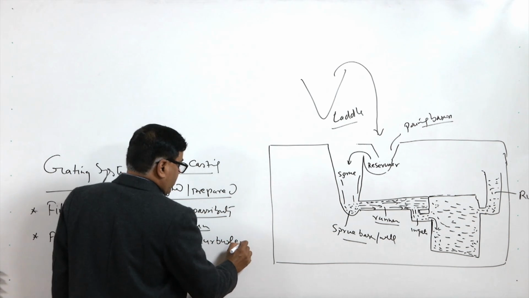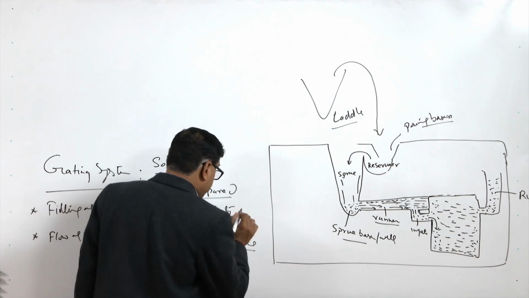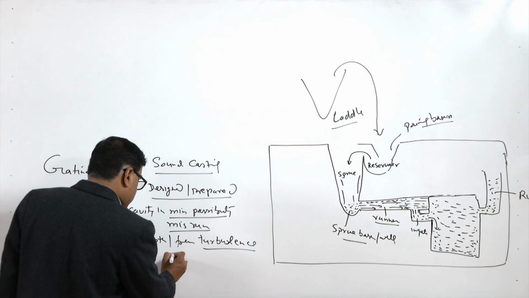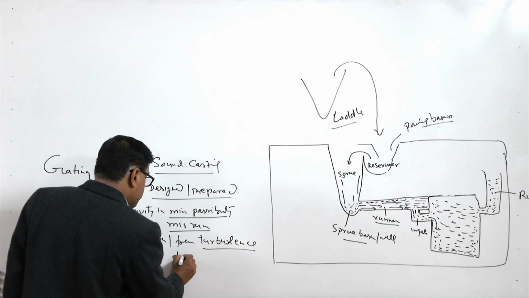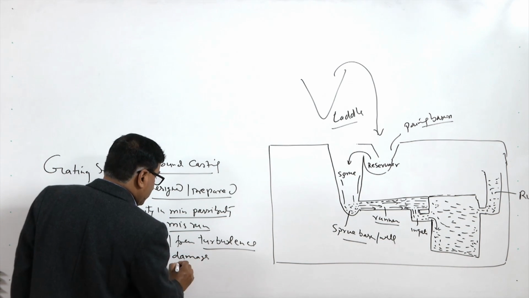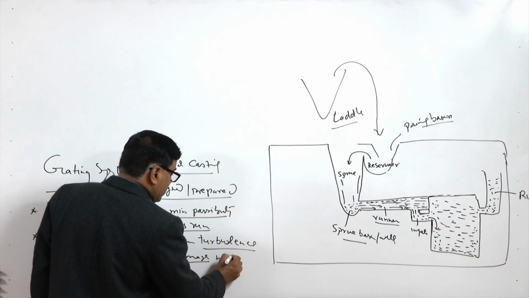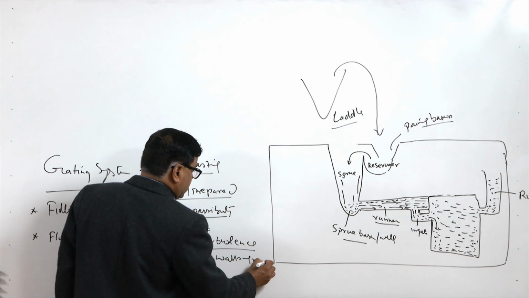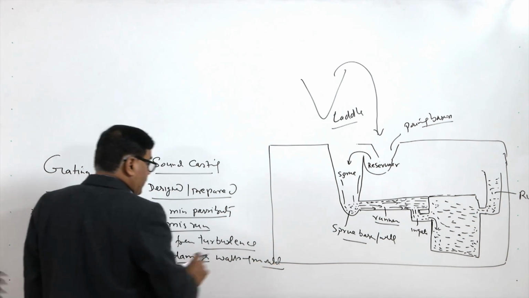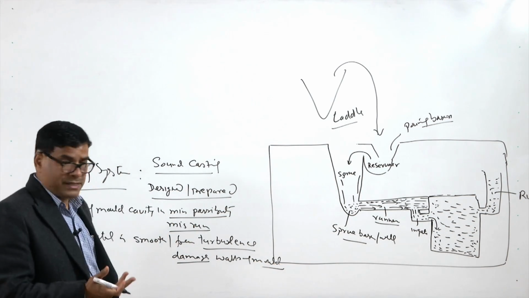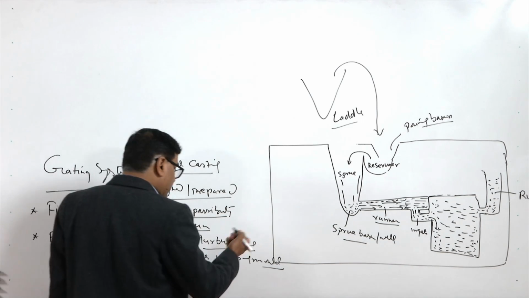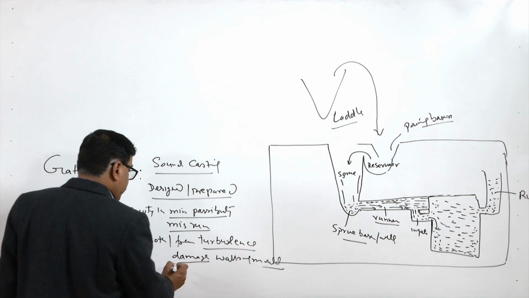This plays a big role in developing sound castings, because otherwise, if there is turbulence, it will damage the walls of the sand molds. This will change the geometry and the size of the mold, and accordingly a casting of a different size will be realized.